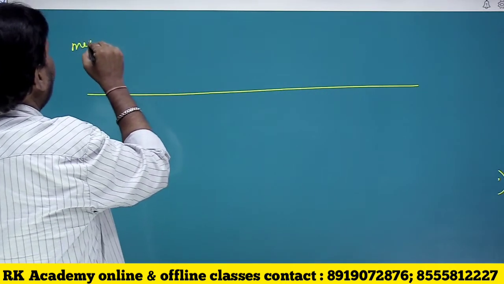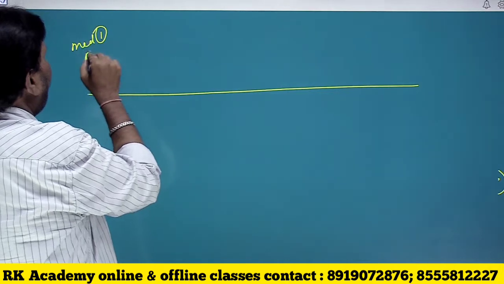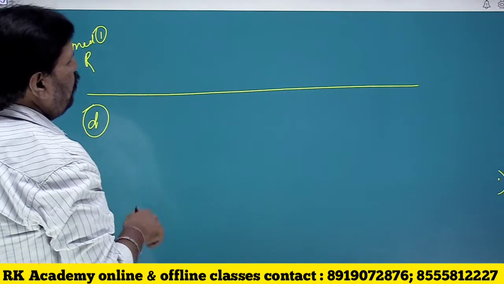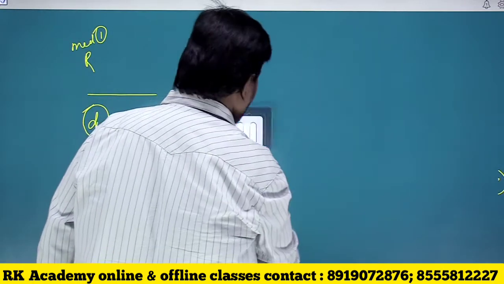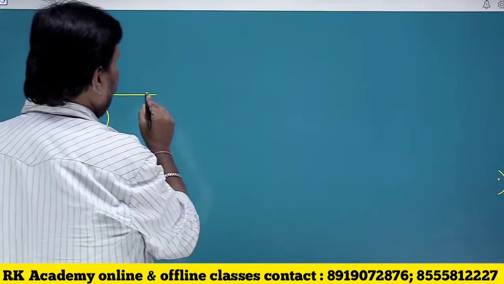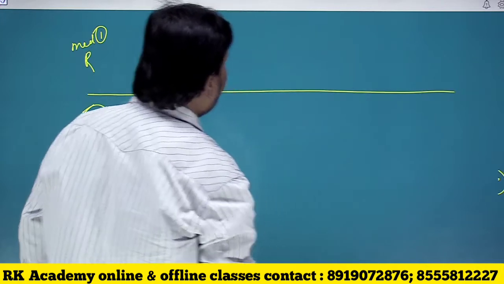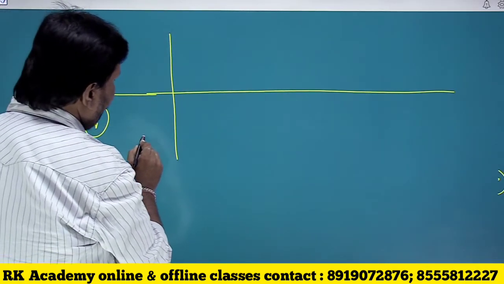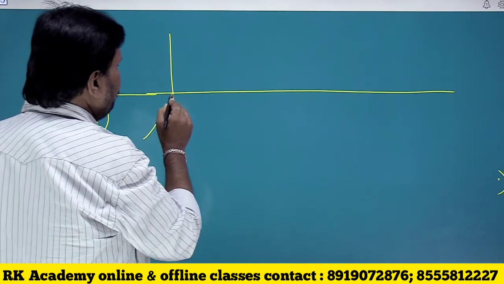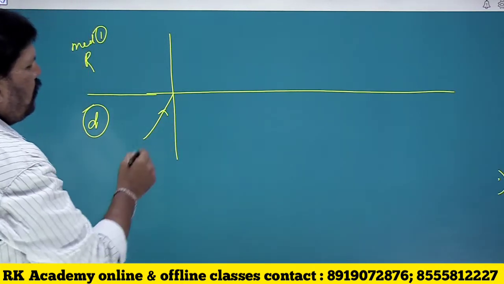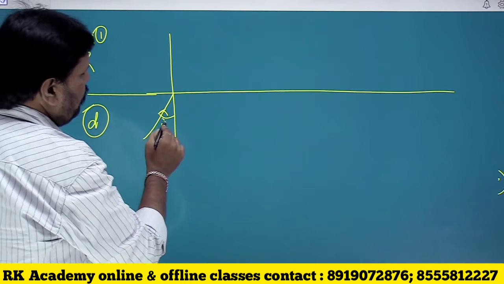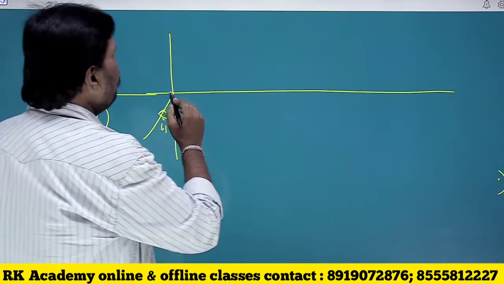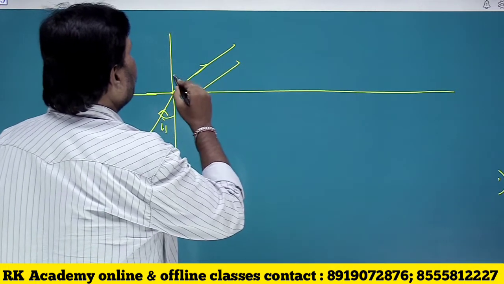Here this is medium 1, known to be rarer, and this is the denser medium. Now the light ray is incident from denser to rarer with some angle of incidence i1. Then it bends away from the normal.